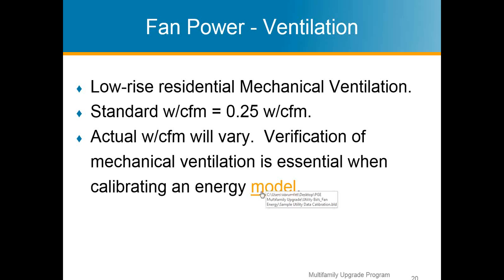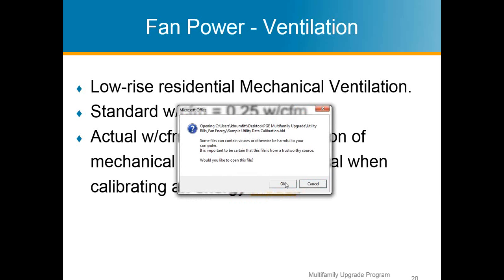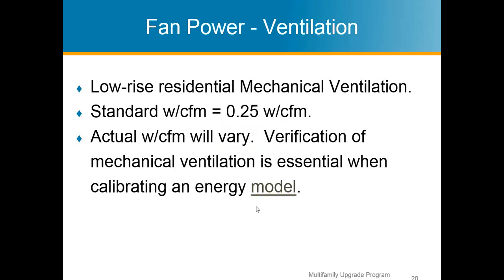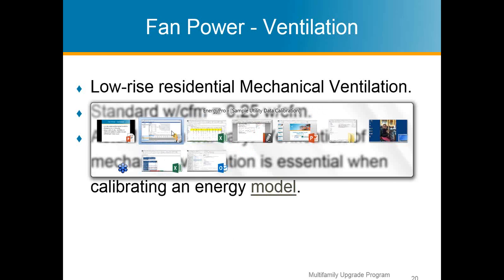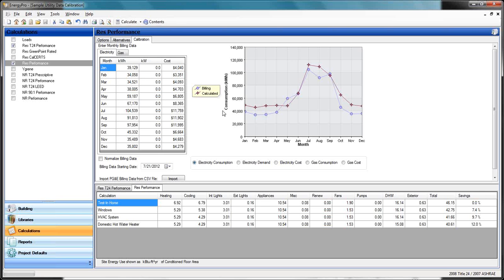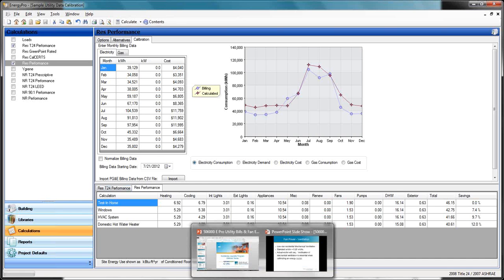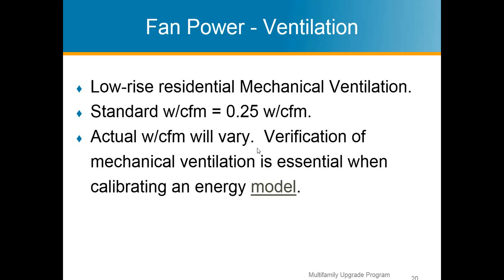So when you're calibrating an energy model, if you notice, the first one had the billing a lot higher and the usage lower. So what I've done, just to show you a visual, is I changed that 0.25 watts per CFM.